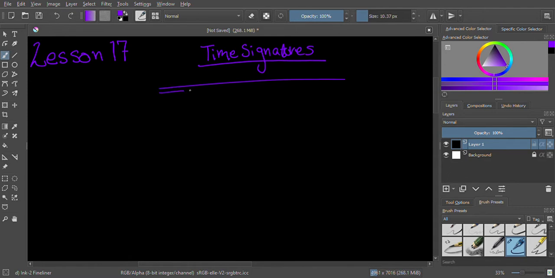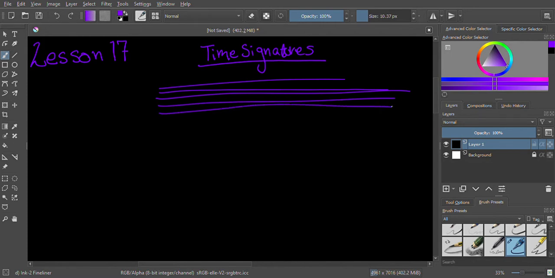Let me just draw up a quick staff here. As you might know, in a staff we usually put a clef. I'll put a treble clef here. And what you might have seen in some of my music is that we put two small numbers at the beginning of a staff as well.